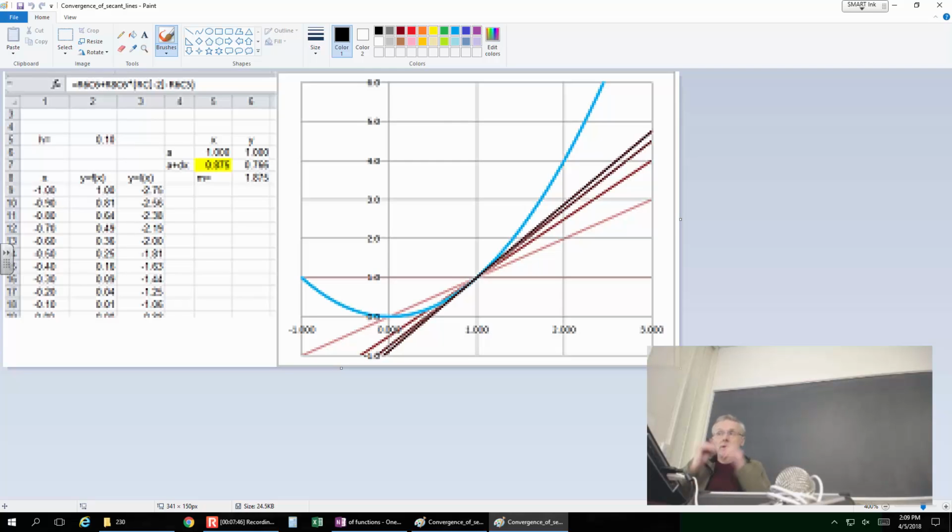Look at this picture on the right. Does it look familiar? From calculus 1. So this is some kind of function, y equals f of x. And then you see these lines.